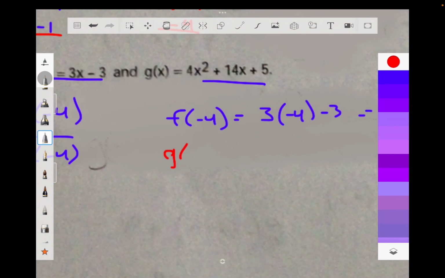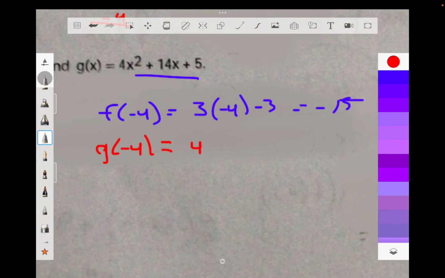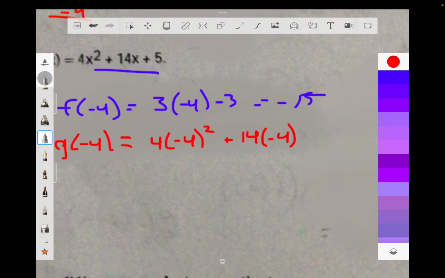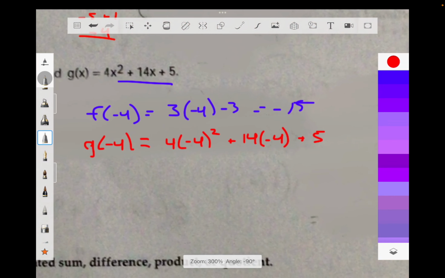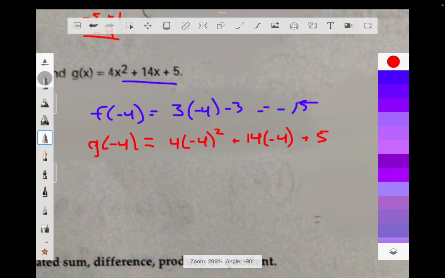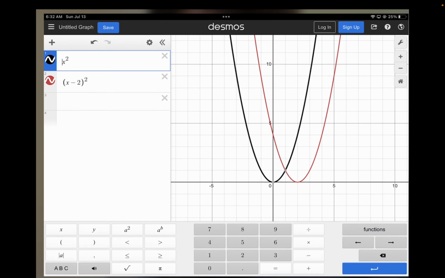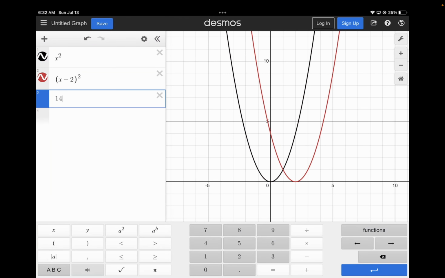g of -4, this is a kind of mean one they're doing, is going to be 4 times -4 squared, plus 14 times -4, plus 5. Oh wait, I guess it'd be minus.